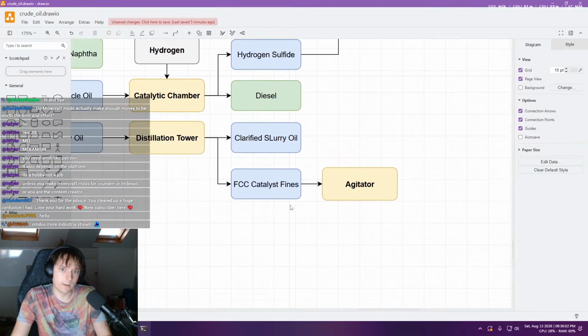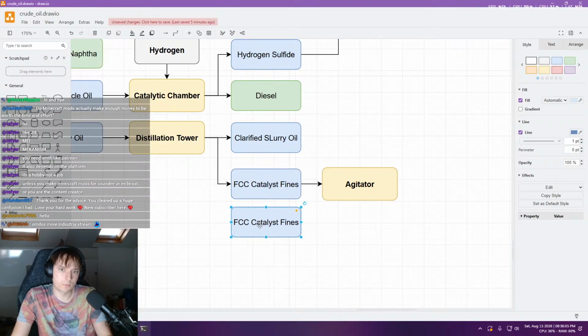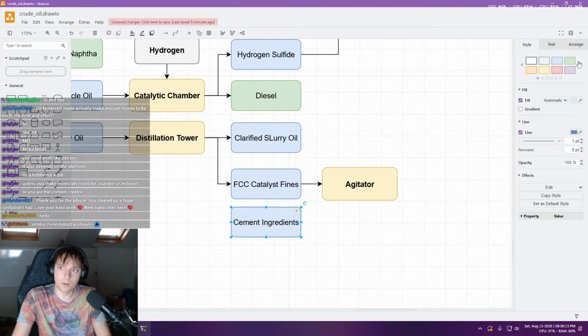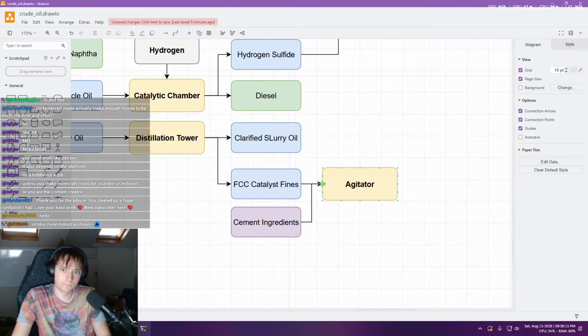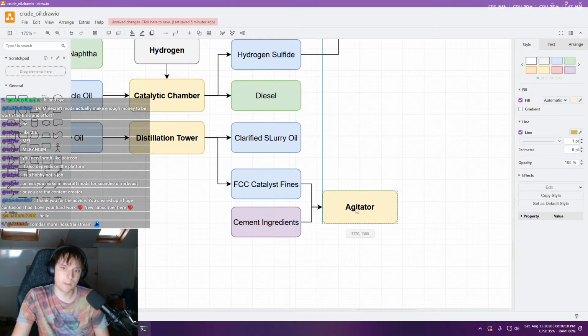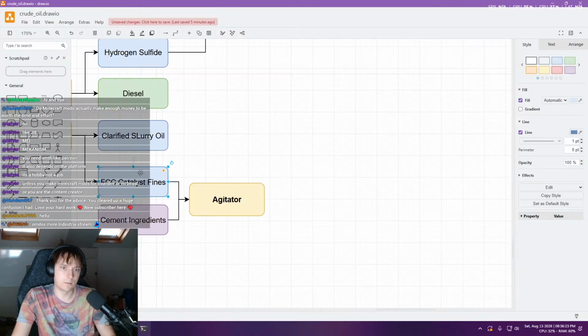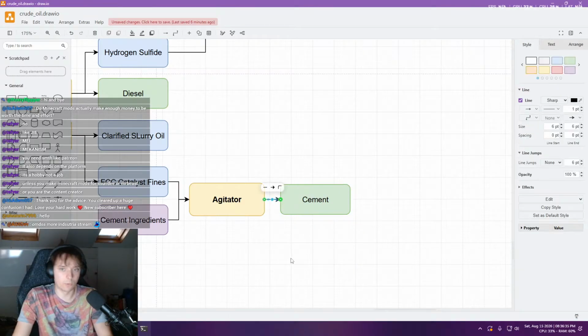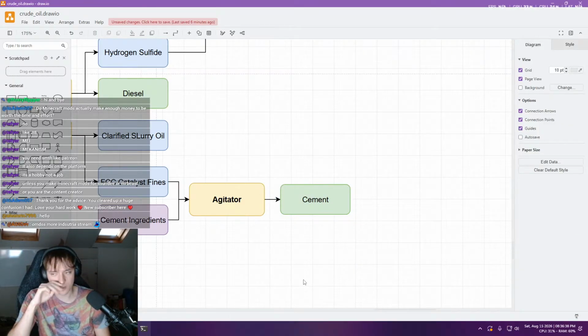And what I'm going to do here is put cement ingredient. That's going to be a purple. And yeah, these in the agitator gets us cement, which obviously can then be used to make concrete. That's a thing.